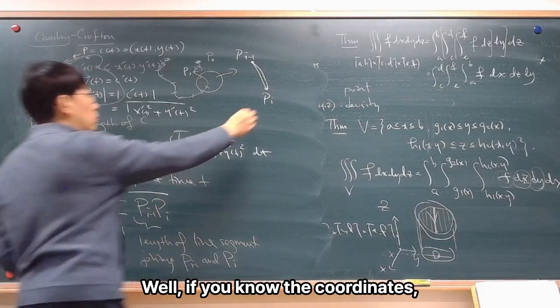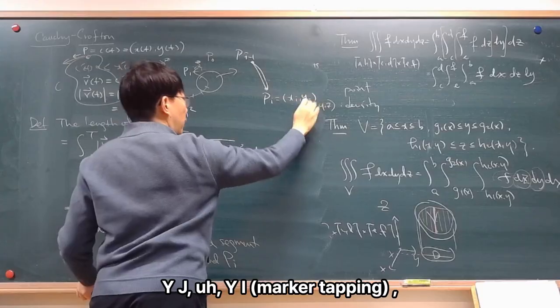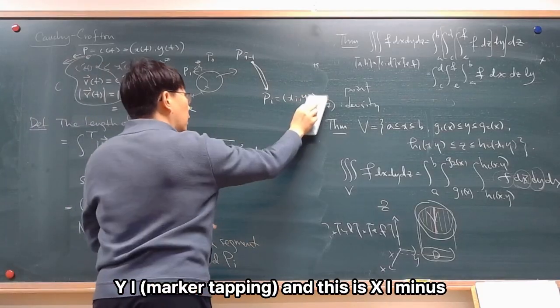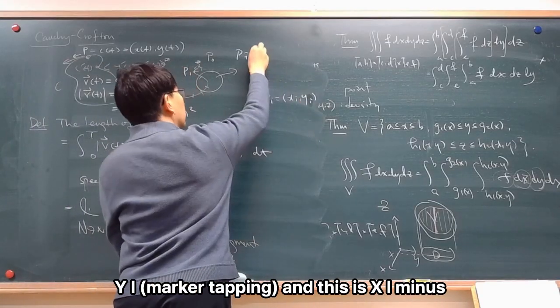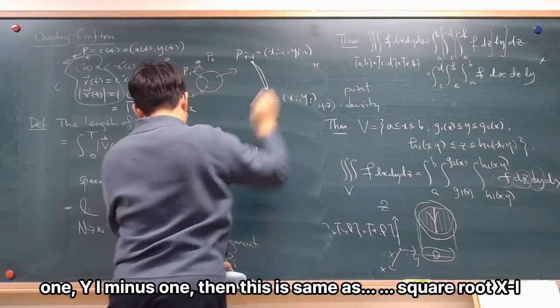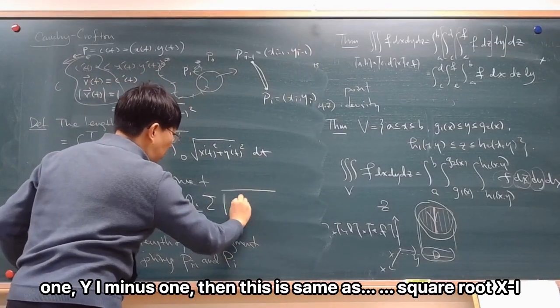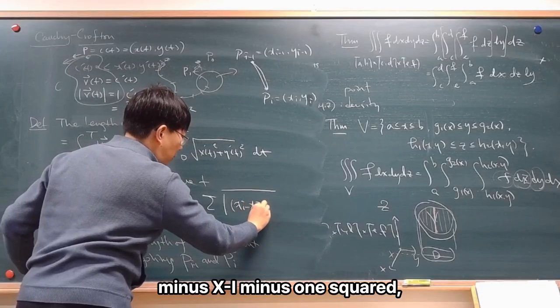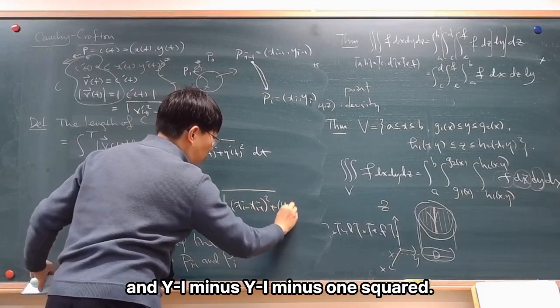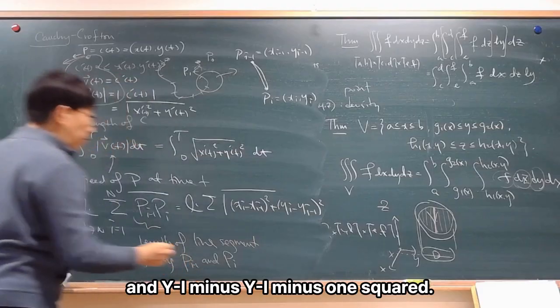Well, if you know the coordinates, let's say this is (xi, yi), and this is (x(i-1), y(i-1)), then this is the same as the square root of (xi minus x(i-1)) squared plus (yi minus y(i-1)) squared.